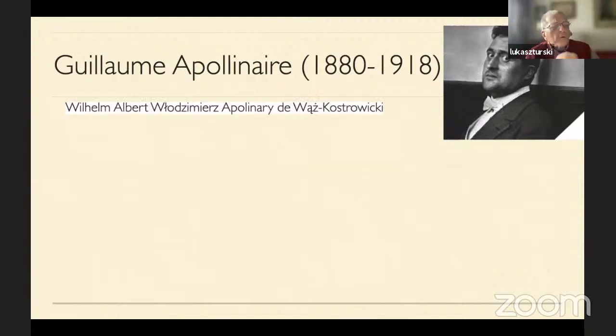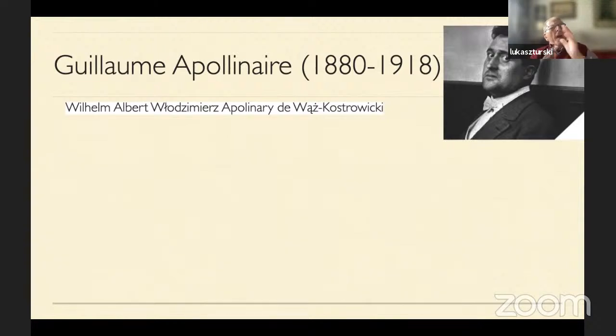The most important individual who had actually converted that commune, I would say, from the wash house into an active intellectual hub was Guillaume Apollinaire. Guillaume Apollinaire was an interesting individual.